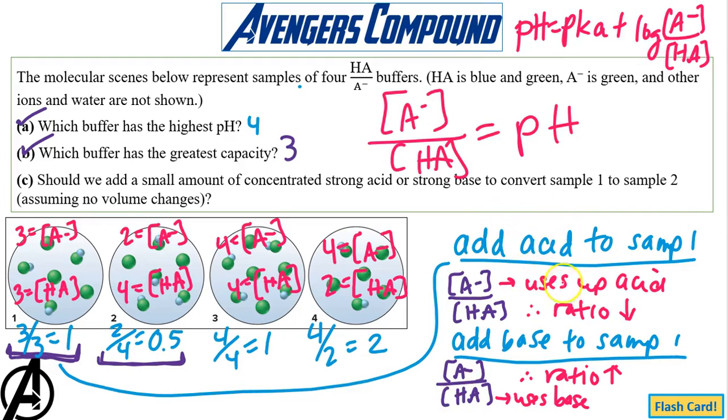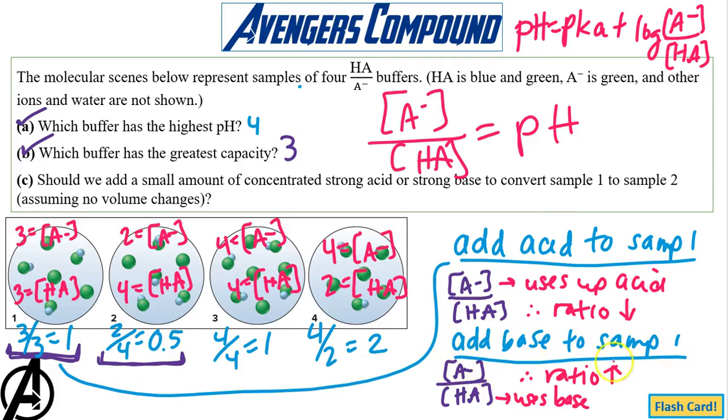If I add acid, that means the conjugate base in my ratio is going to use up that acid to get back to equilibrium, right? So I effectively decrease my conjugate base, and I'm going to end up increasing the weak acid that's formed. And so my overall ratio is going to decrease, which is what we're looking for, right? And so that means in order to convert sample 1 to sample 2, we should add a small amount of concentrated strong acid.